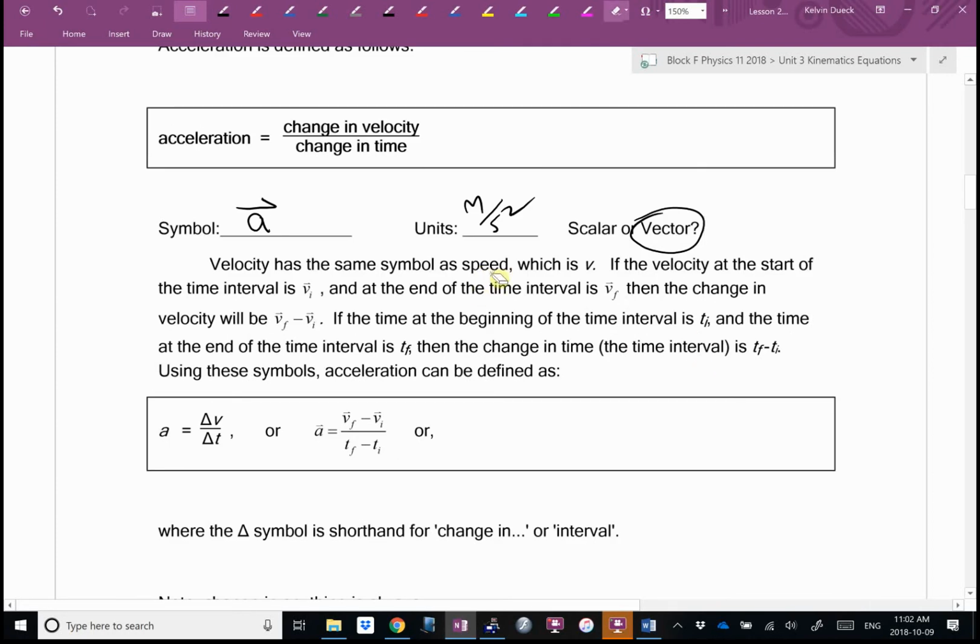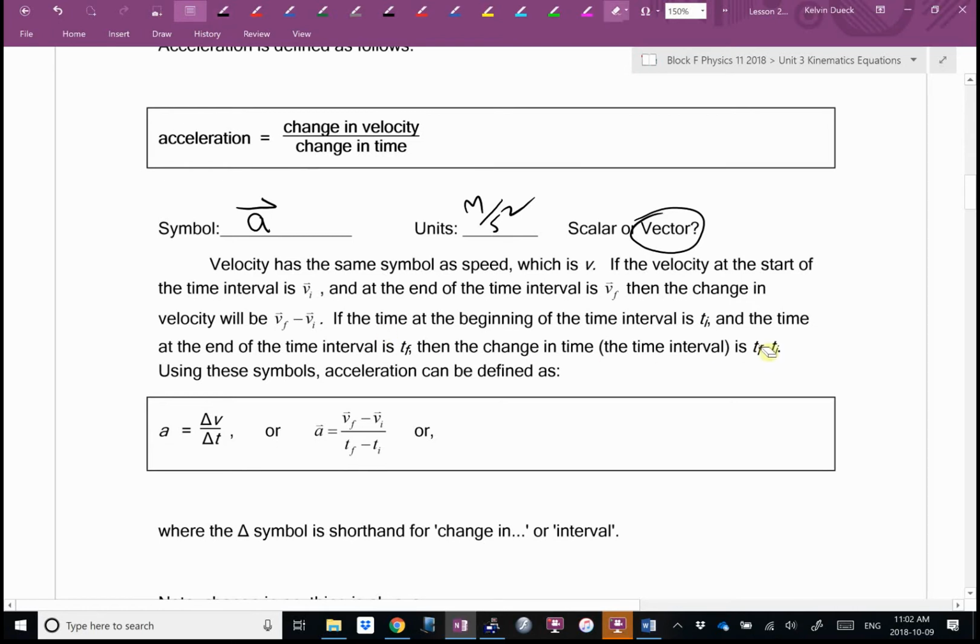Velocity has the same symbol as speed, which is a lowercase v. If we call the velocity at the start when we hit our stopwatch vi, what does a lowercase i stand for? Initial, I'm going to use that for the rest of the year. And we call the velocity when we stop our stopwatch vf, what does the f stand for? Then the change in velocity will be vf minus vi, because change in anything is final minus initial.